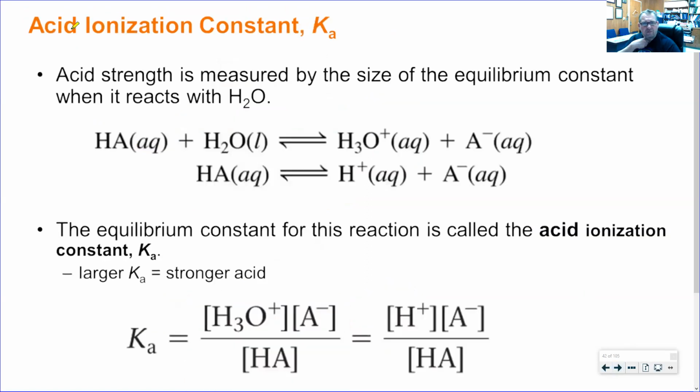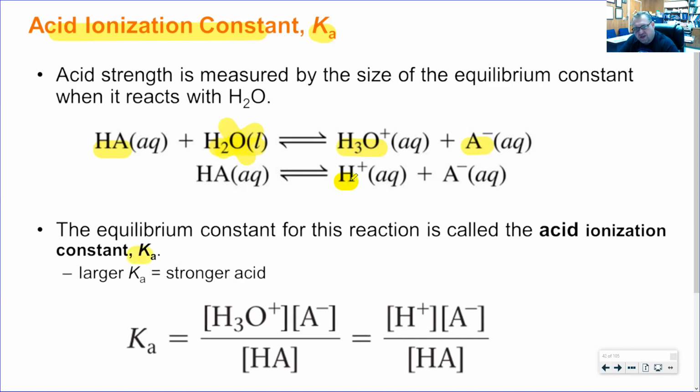All right, so we describe this for acids as the Ka, and I mentioned this a little bit earlier. With Ka, we're describing the partial ionization of a weak acid into the hydronium ion and its conjugate base. And the fact that water is a pure liquid means that we don't put water in the equilibrium constant expression. So the equilibrium constant expression for an acid, the Ka, is products over reactants.